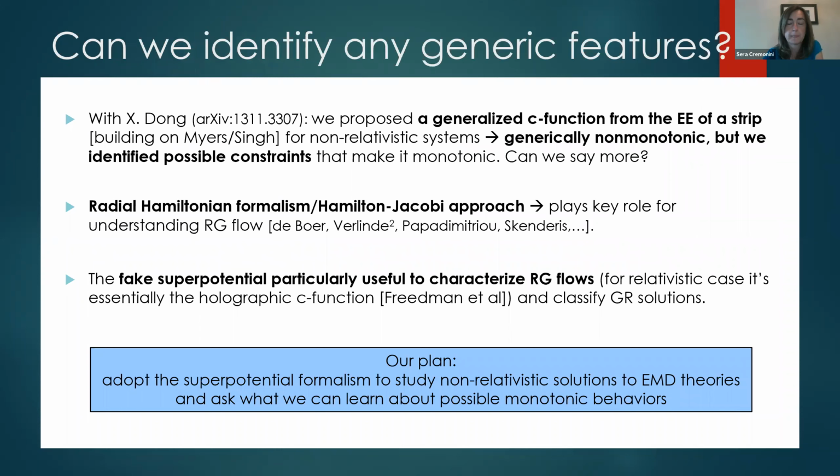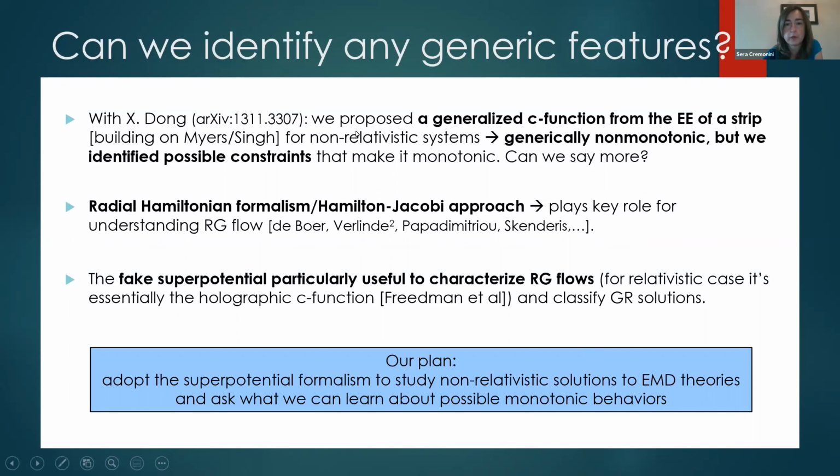So my personal motivation for thinking about this started a few years ago when I worked with Xidong on trying to generalize the C function that had been obtained from entanglement entropy of a strip to systems that are non-relativistic.